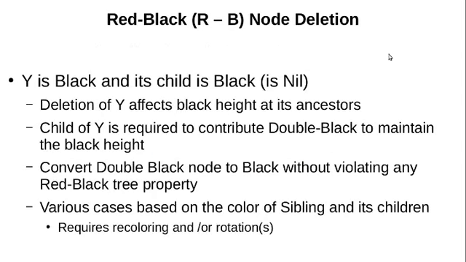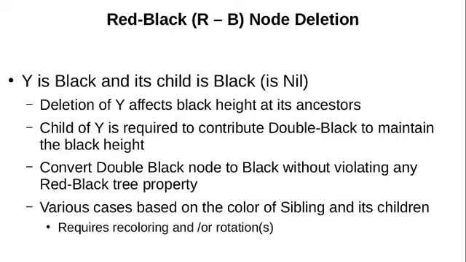Next, we consider the case when Y is a black node and its child is also black. The only way this can happen is when the child of Y, that is node X, is nil. Please take a pause here and argue about the same.